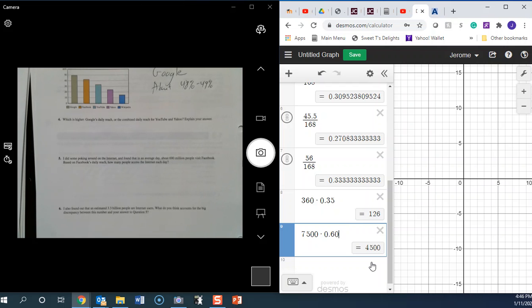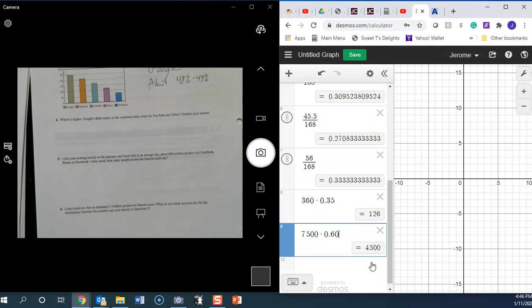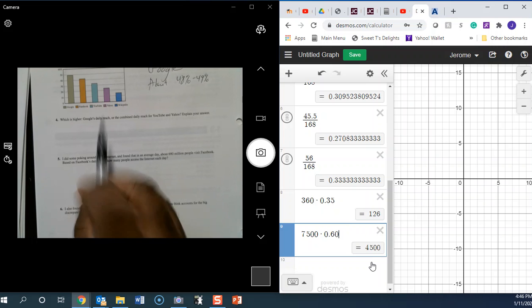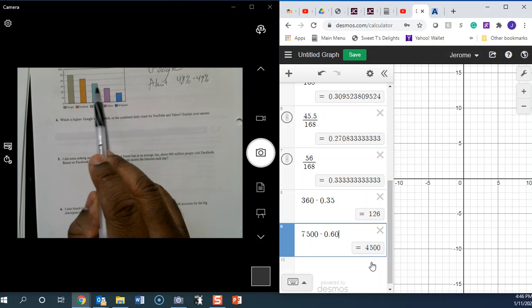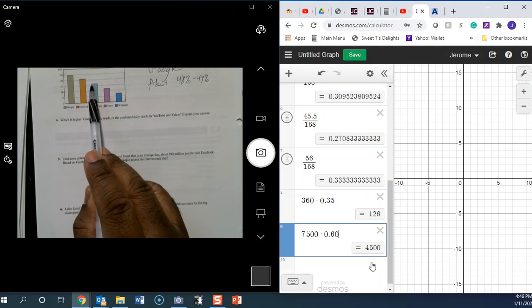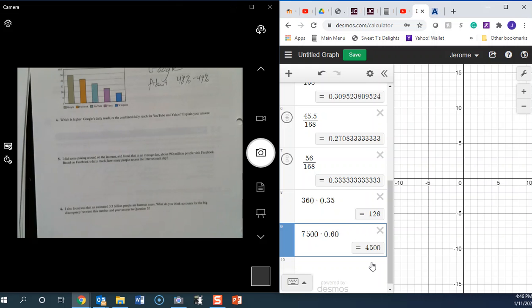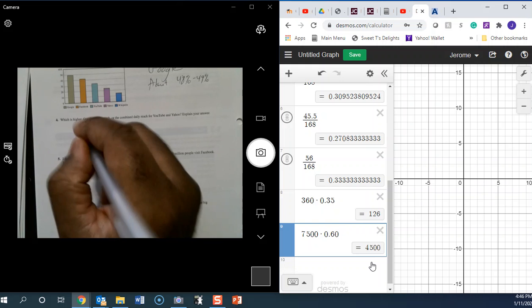Okay, number 4. Which is higher, Google's daily reach or the combined daily reach for YouTube and Yahoo? Now let's look at the combined daily reach of YouTube and Yahoo. YouTube is close to 35, so I'll say about 32, 33%.